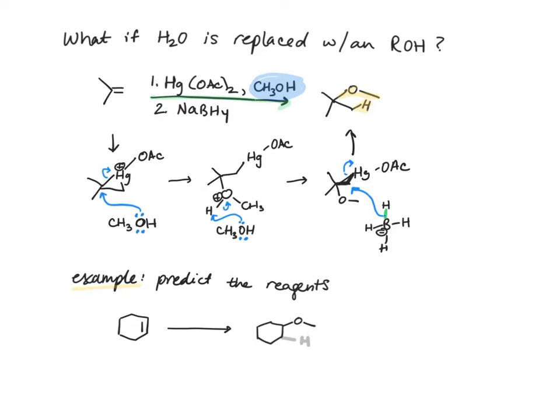So we want to do an oxymercuration, demercuration. And in step 1, we need to add the alcohol that we're going to add across the pi bond. So we want to add methanol, and then we need sodium borohydride in step 2 to get rid of mercury.